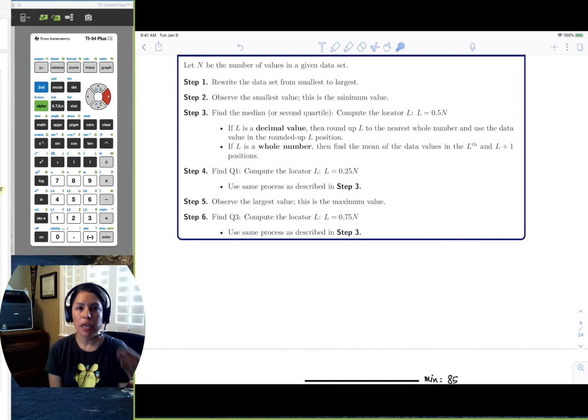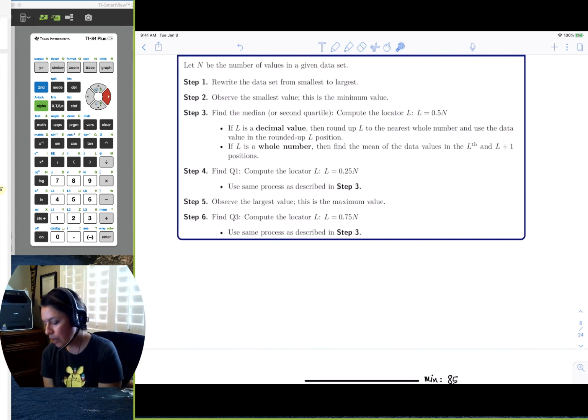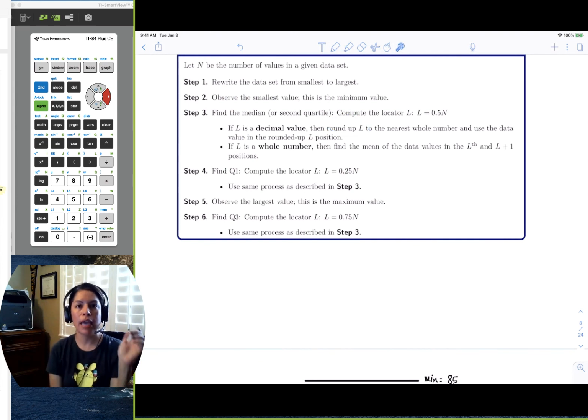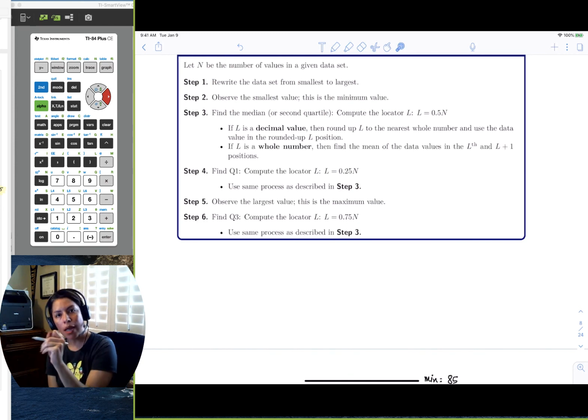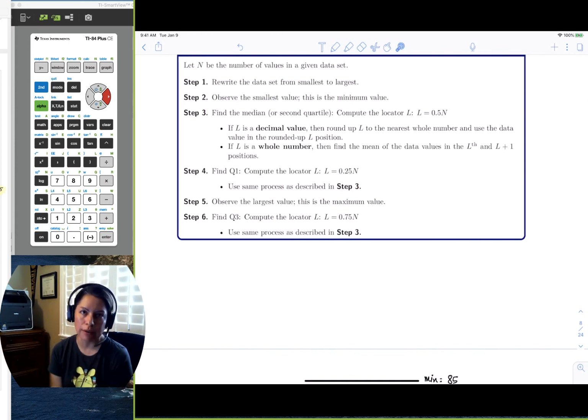So the locator is not the data value. The locator tells you which position it is. And if it's a decimal, then you go ahead and round up and then count over that many observations, and that's your median. If it is a whole number, go to that position and take the value to the right of it and take the average of those 2 data values.